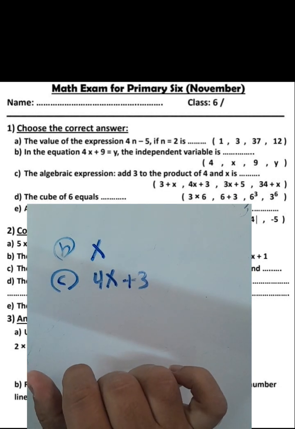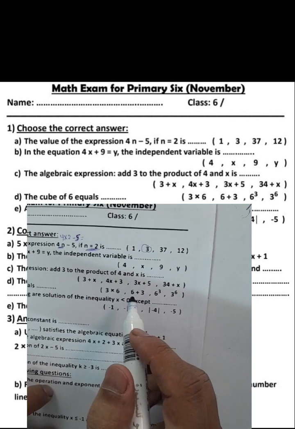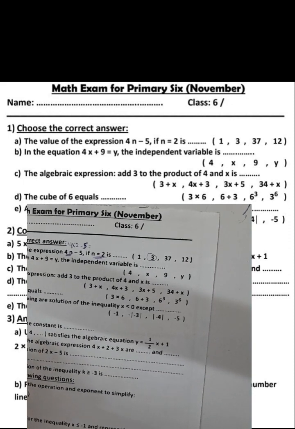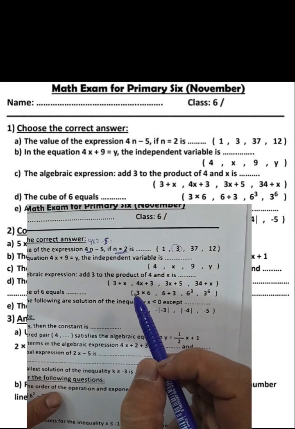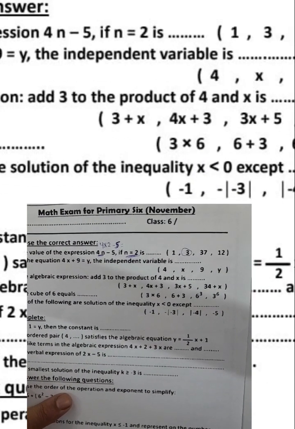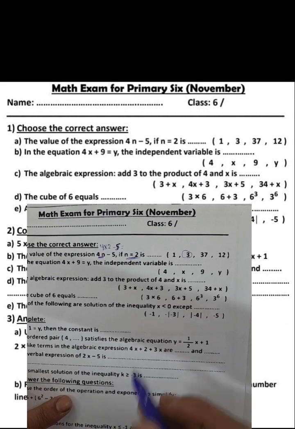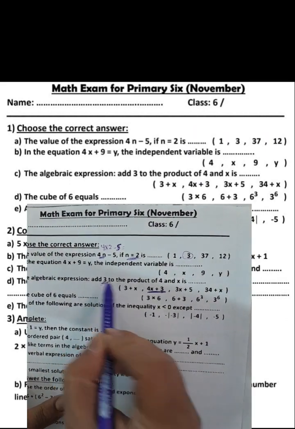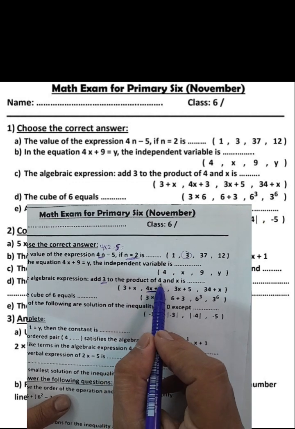The result will be, choose 4x plus 3. Okay, 4x plus 3. Add 3 to the product of 4 and x means 4x plus 3.